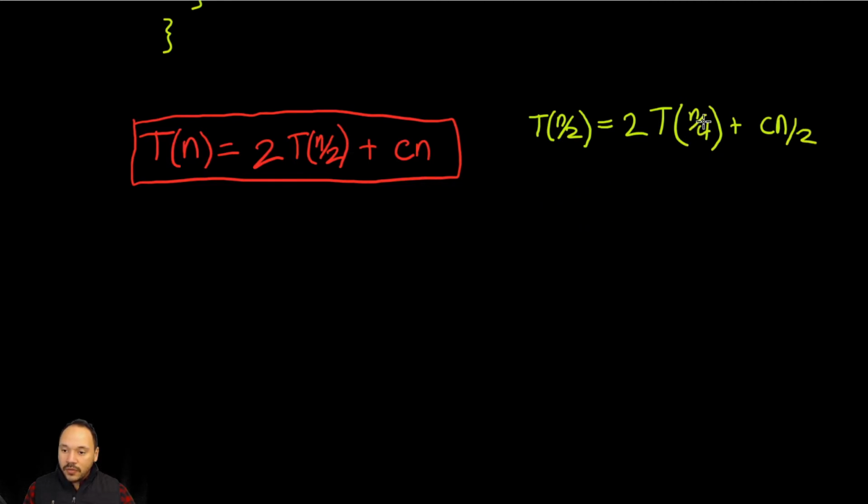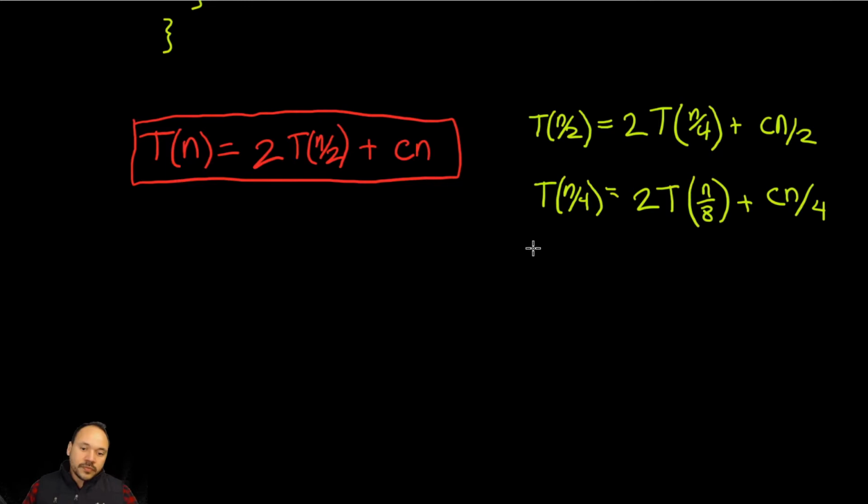So now we have n divided by 4. Let's do the same: replace n in the base formula by n divided by 4. So T(n/4) is equal to 2T(n/8), plus cn/4.